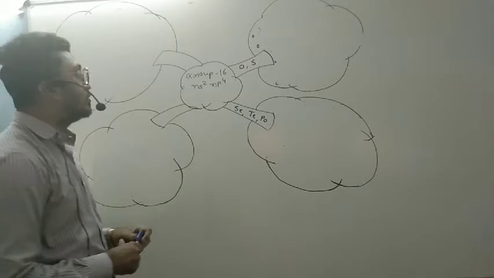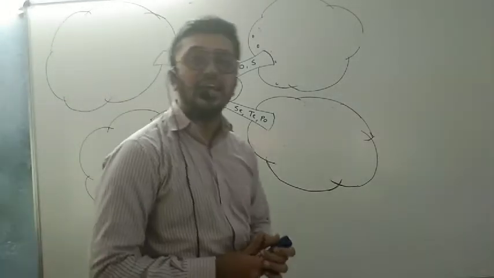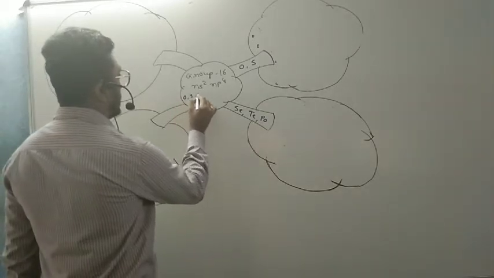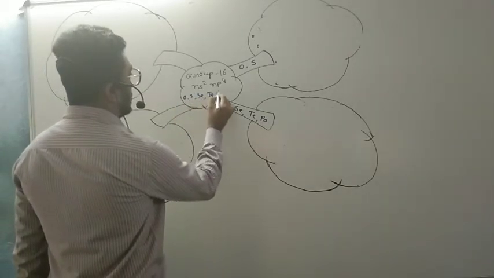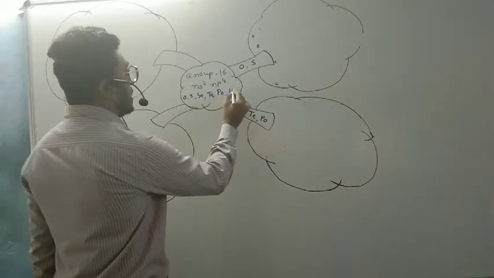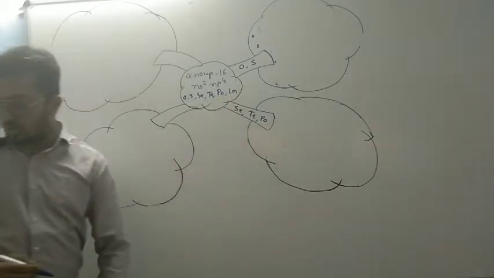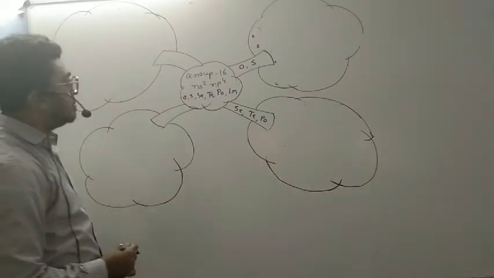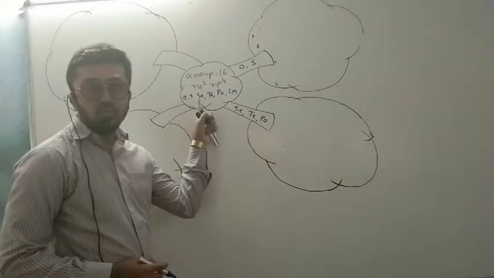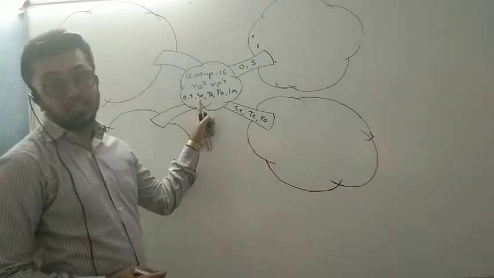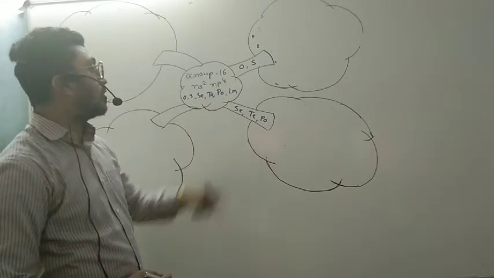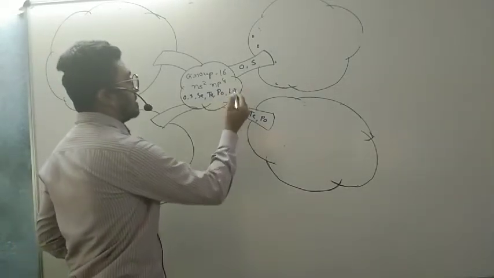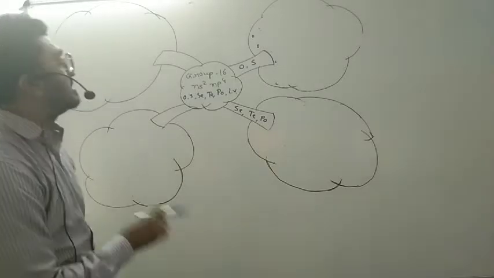Oxygen, sulfur, selenium, tellurium, polonium, and livermorium are the elements of group 16. The symbols are: oxygen O, sulfur S, selenium Se, tellurium Te, polonium Po, and livermorium Lv.